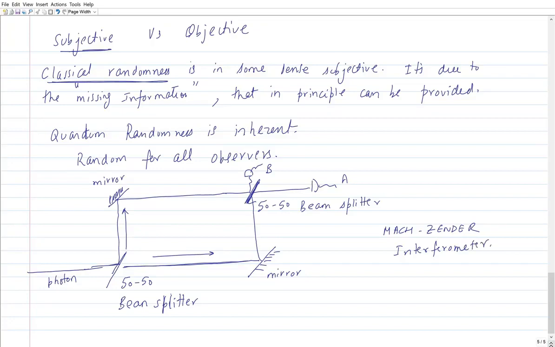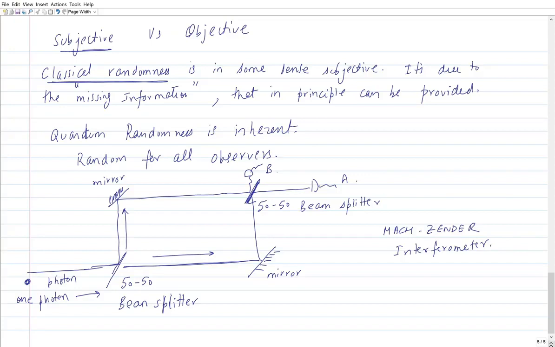So again, we can ask the same questions. What are the chances that detector A clicks? What are the chances that detector B clicks? And remember, I have only one photon at each time in the experiment. So I fire a photon, wait, let one of them click, wait for some time, then I again fire a photon.